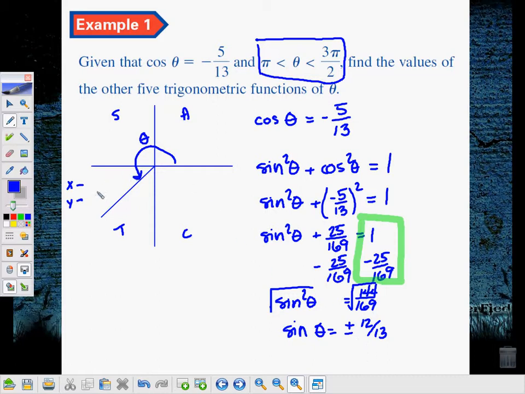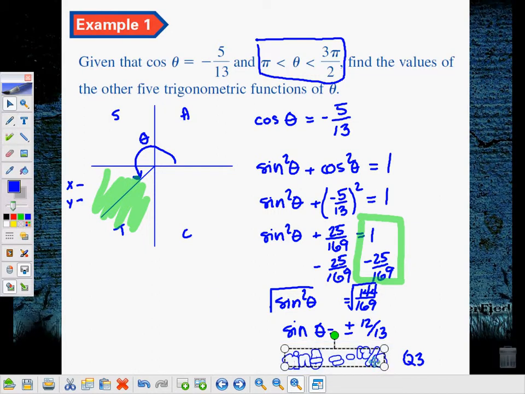Now, given that I am in the third quadrant, I'm down here, and I've already stated that the sine is negative, only tangent is positive down here, I'm going to state, okay, the sine of theta must be negative 12/13. And that's because I'm in quadrant 3. Okay? So the sine of theta is negative 12/13.